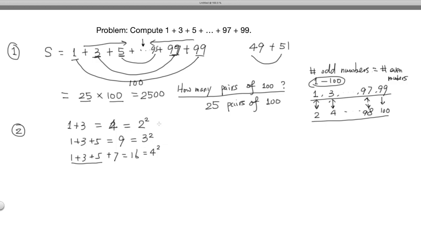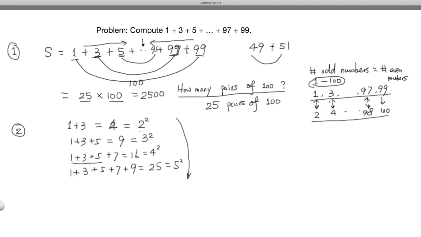Aha! You see that 16 plus 9 equals 25, equals 5 squared. When I'm adding the first few terms, it's going to be a square number, right? And what is that square number?